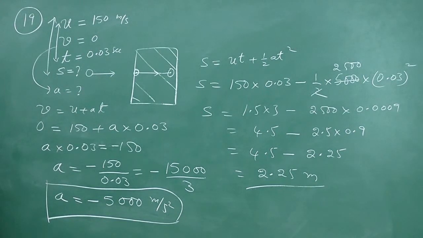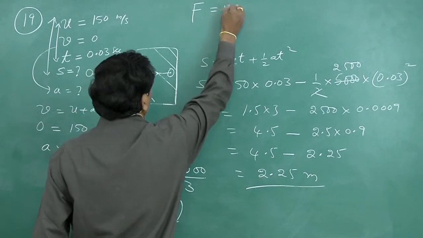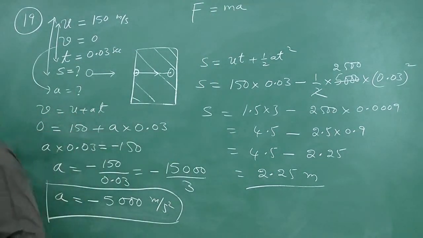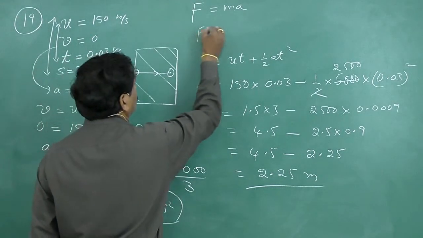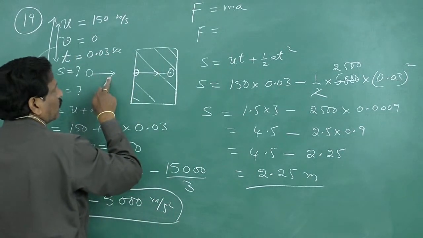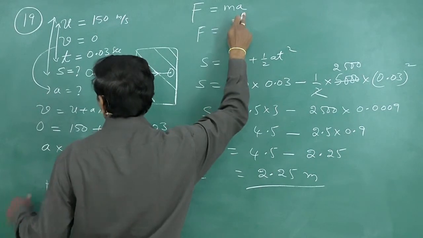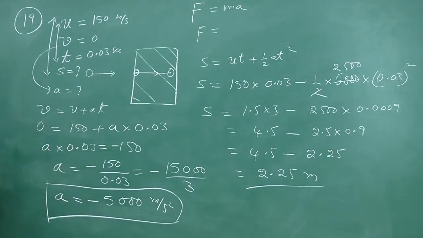The force exerted by the wooden block on the bullet. So F is equal to MA. Here we have to calculate the force on the bullet. Force on the bullet is equal to the mass of the bullet into acceleration. Here the mass of the bullet is given as 10 gram.